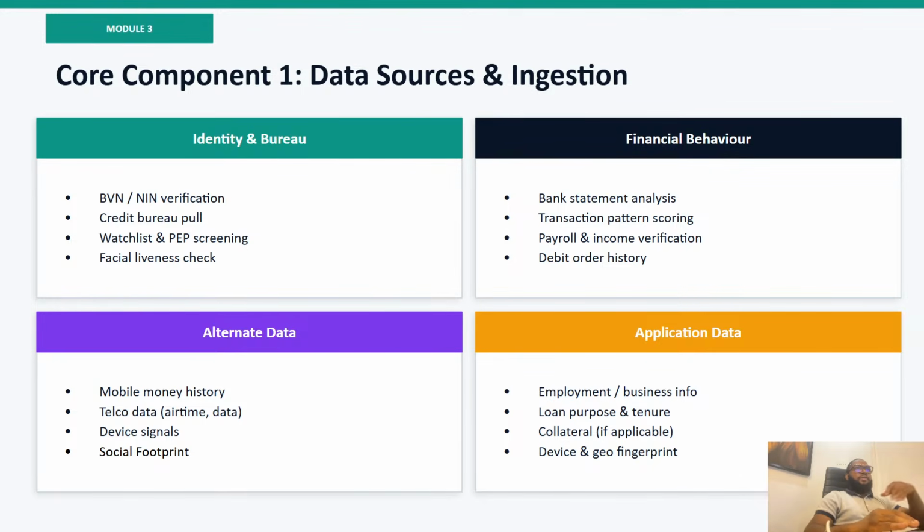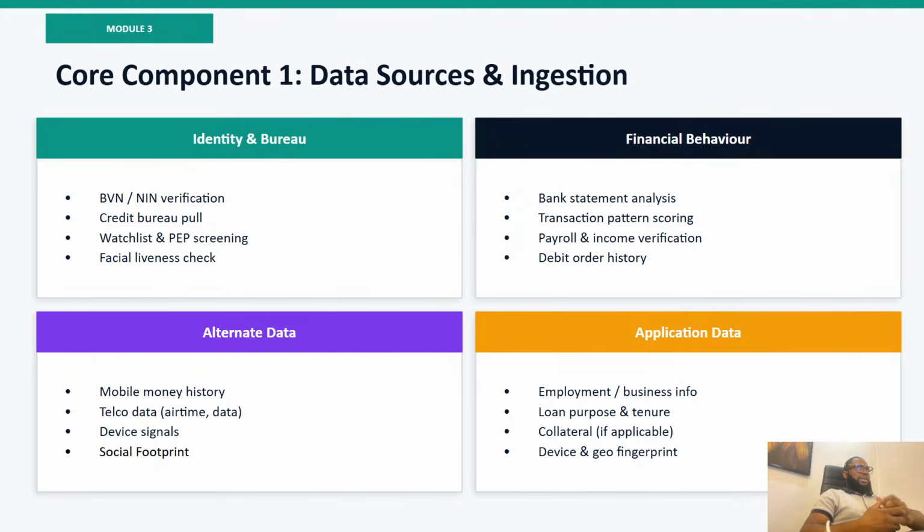And we also have the financial behavior of the customer to assess the capacity of the user, right? So this can also be ingested into the credit decision engine. From bank statement analysis, you can get hundreds of trends and patterns that can be used to improve your decisioning. For some lenders that have access to the payroll of the customers, all of this information is also retrievable via API. And for some, it's just about working smart.